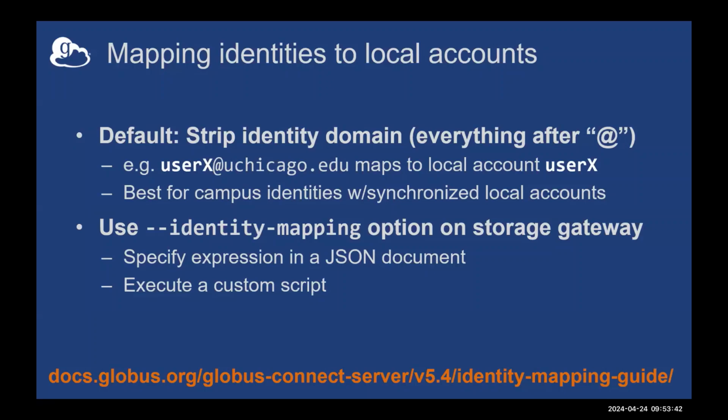This works best for campus identity with synchronized and federated local accounts. But you have options. You can specify expressions in a JSON document, or you can call out to a custom script that would do whatever magic you want it to do. At the end, what matters is the correspondence: a way to tell, for this identity, use this local user.